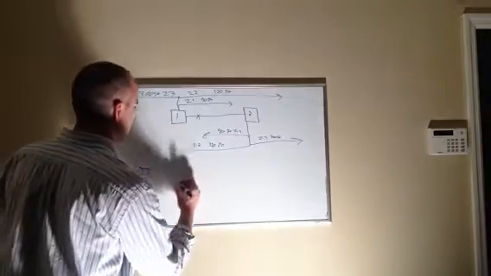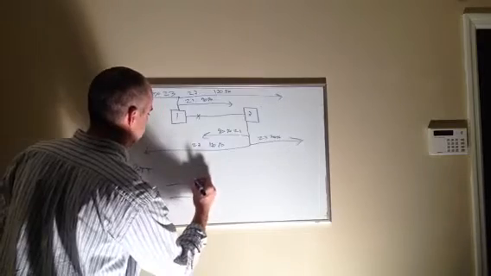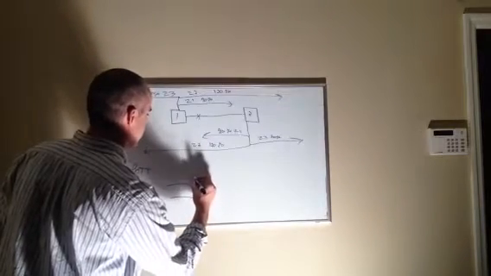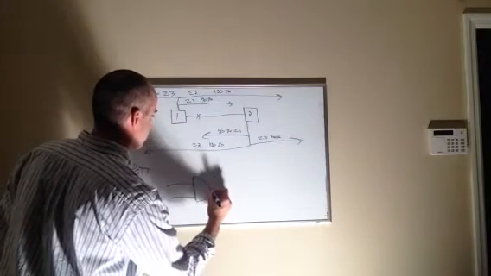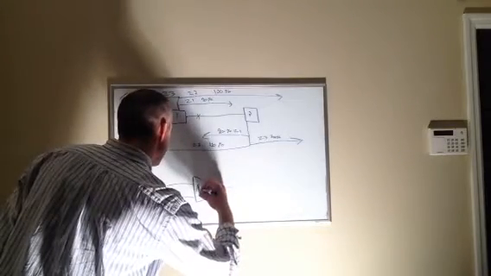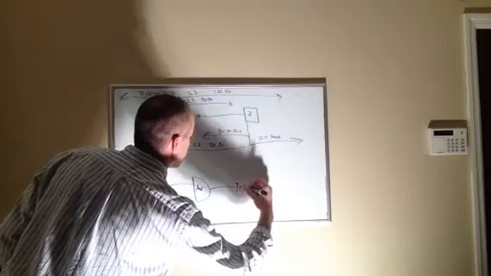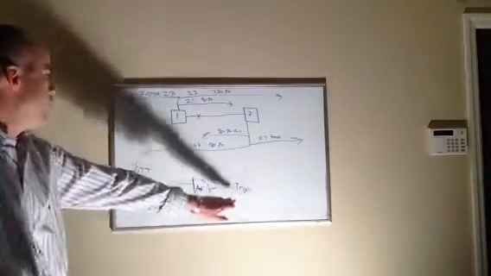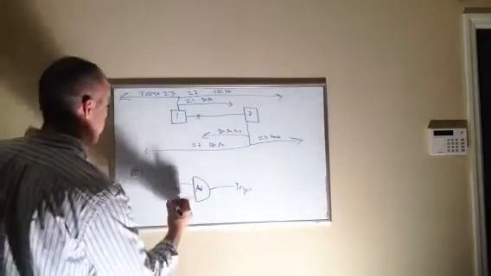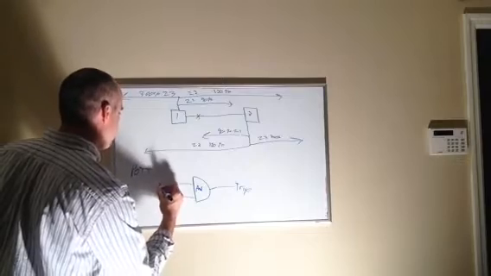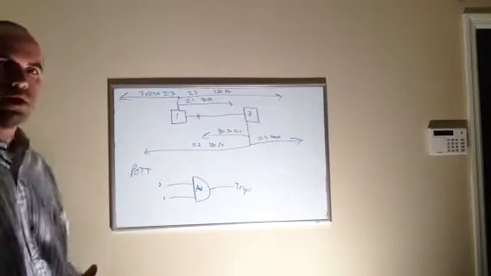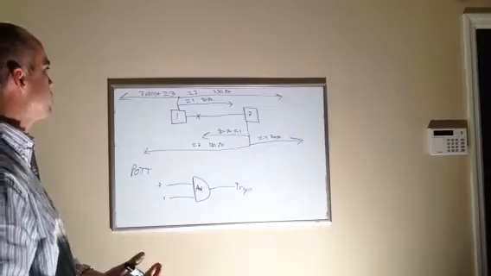So let's draw an AND gate. The output is going to be a trip. So we have input 1 and input 2. This is looking for a 2 out of 2 logic in order to trip.